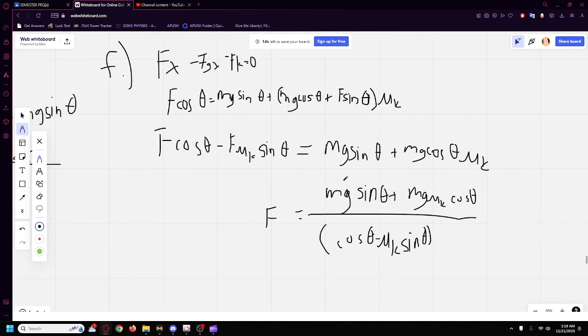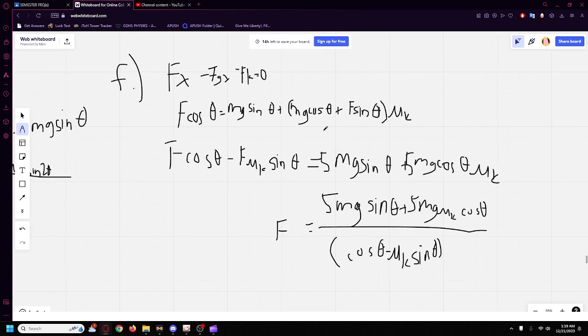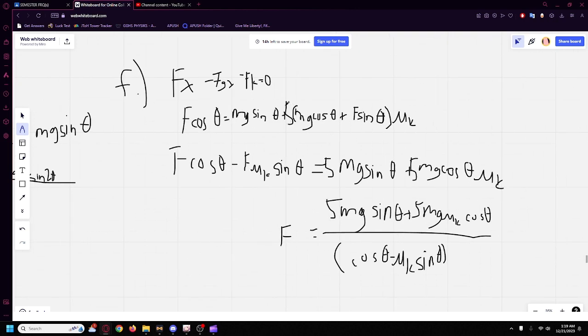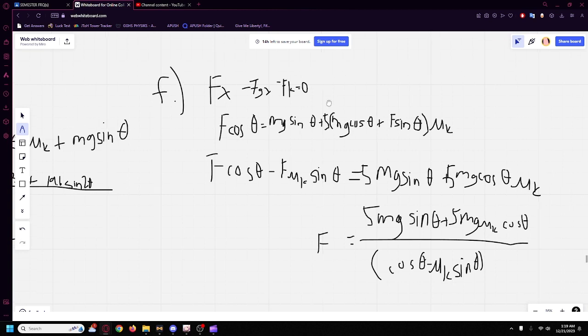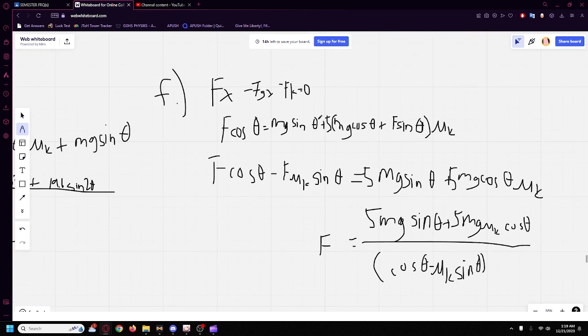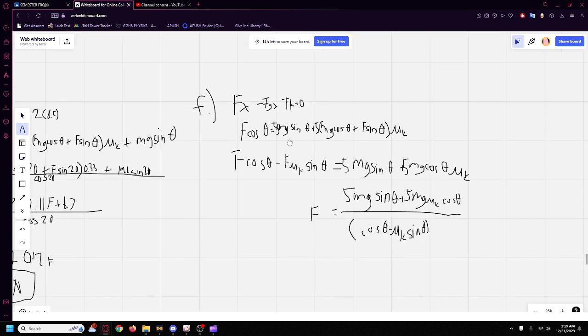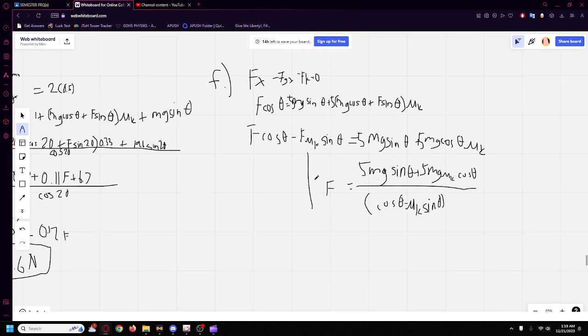Oh, I forgot to put 5 at the start of everything because there's a new block, so there should be 5 in front of all the mg's. Yeah, now we box the answer. Okay.